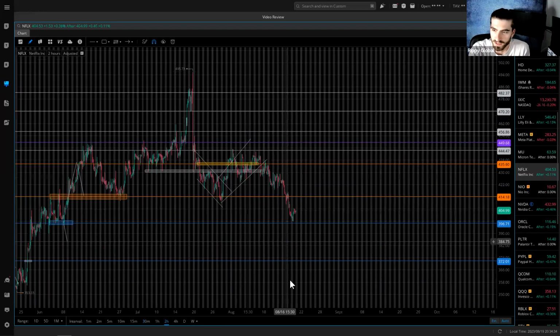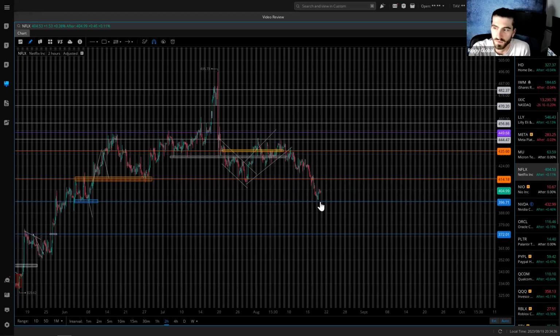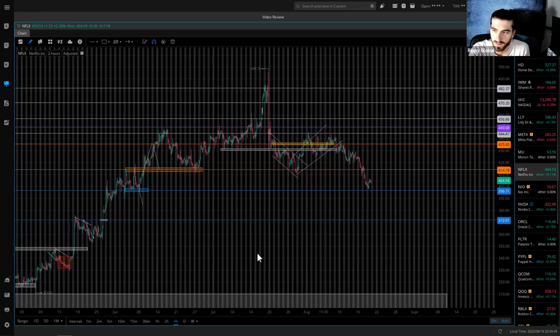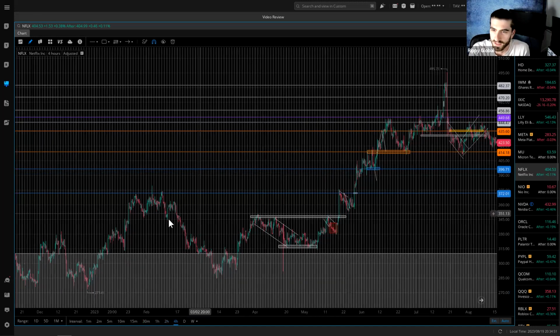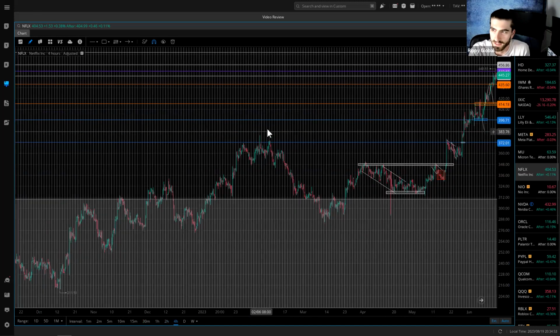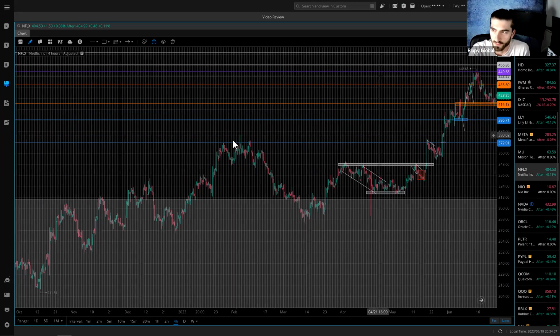After that flush, we touched the support level, which I told you guys about, the 396 to 397 area. If we break under the 397 zone, we should fill the gap to 372. That is a massive drop off. Please realize that. But notice there's no indecisive trading in between the 372 and 397 area.